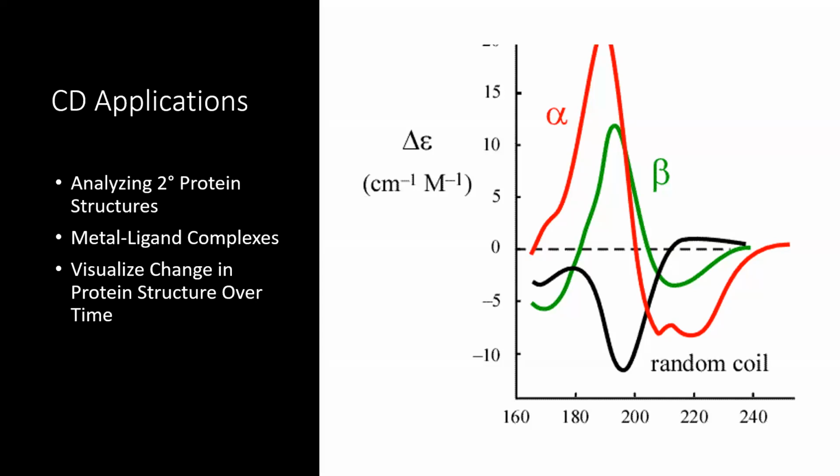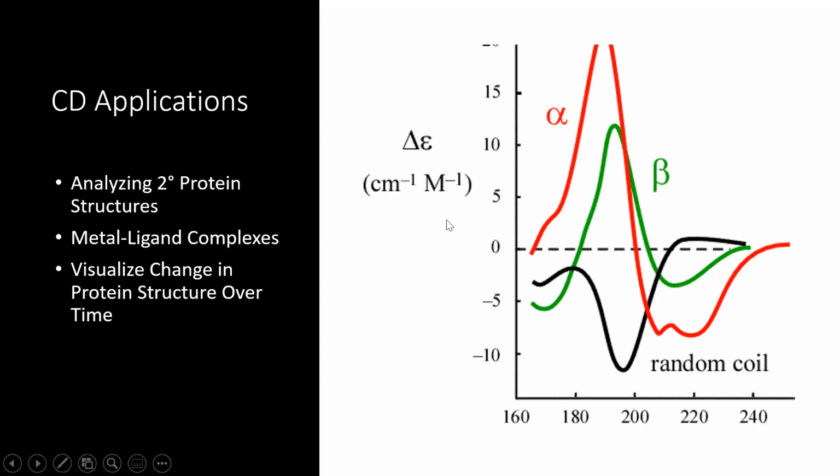When you're analyzing these secondary protein structures, you can run your sample through the CD and see how its spectrum correlates to the reference spectra. If it has a similar peak to, let's say, this red peak, we would say there is maybe a majority of alpha helices in this protein structure.